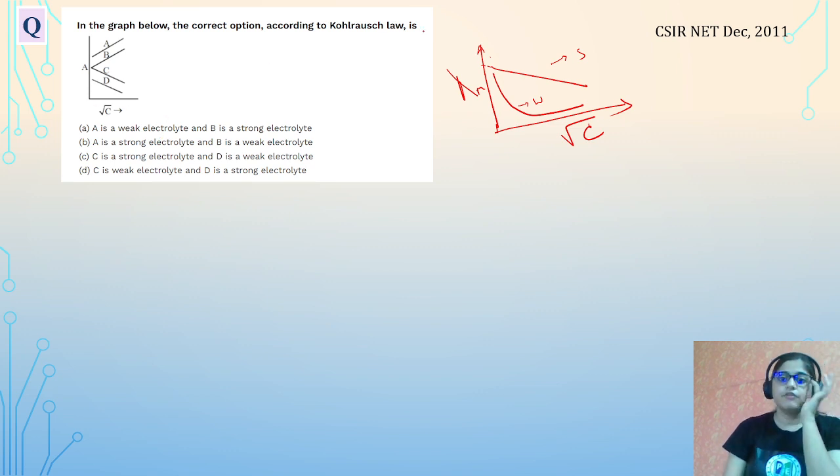So see, for the strong electrolyte case, we know that the slope will be negative, right? So we have to find out in which cases the slope is actually negative. So for D and C, but C is actually like this. Here one point is there, and again at the same point one graph is like this. So obviously D will be the strong electrolyte.